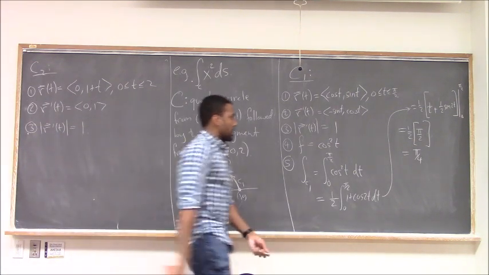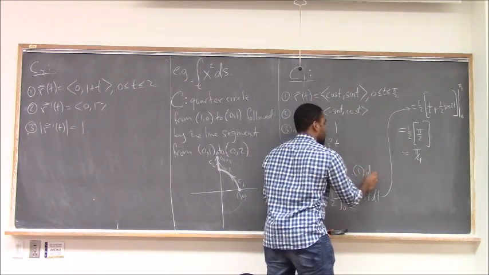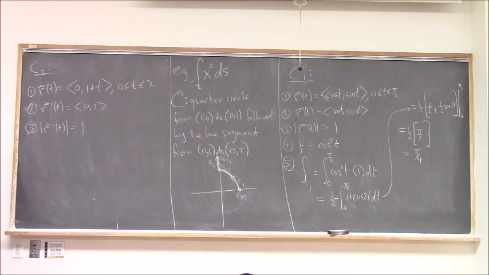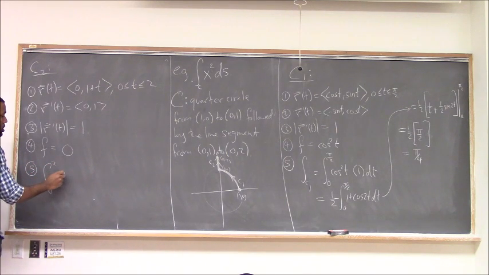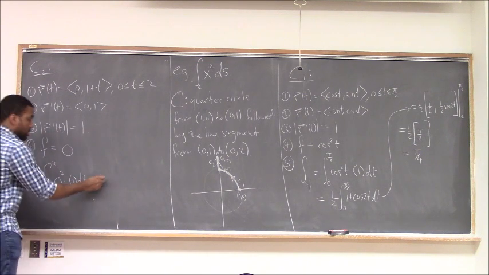Technically it's f times 1 dt because of the magnitude. Just want to make sure that we didn't ignore that. So now I'm going to find f. This is going to be 0. So I'm integrating from 0 to 1 of the function 0 squared times 1 dt, and that is 0. The definite integral of 0 is just 0.